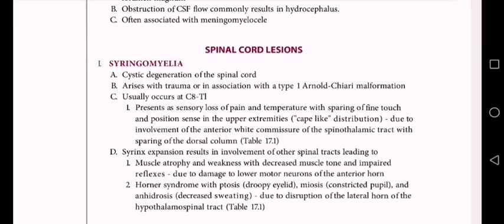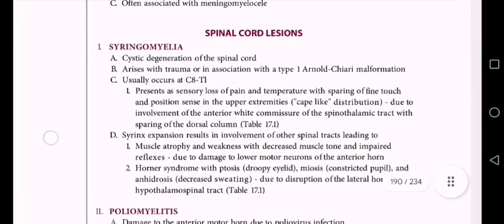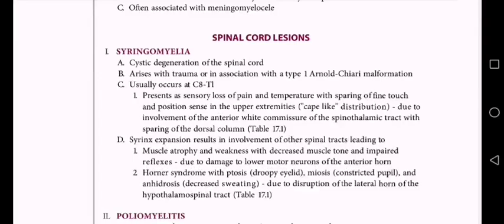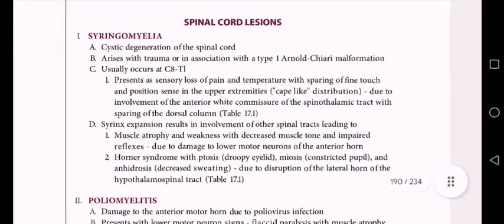Here you would learn about cystic degeneration of the spinal cord, arises with trauma or in association with type 1 Arnold-Chiari malformation, usually occurs at C8-T1, and it presents as loss of pain and temperature with sparing of fine touch and position sense in the upper extremities, cape-like distribution due to involvement of anterior white commissure of the spinothalamic tract, where it's basically with the sparing of the dorsal column, and syrinx expansion results in involvement of the anterior horn, leading to muscle atrophy, weakness, decreased muscle tone, impaired reflexes due to damage to your lower motor neurons of the anterior horn.